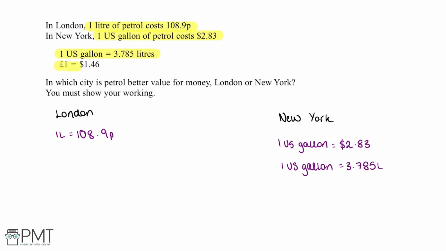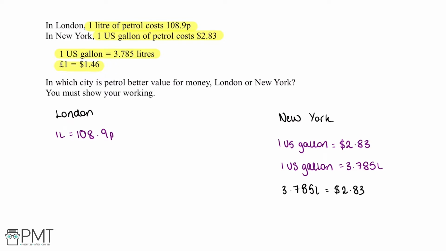And then £1 equals $1.46. So if we take a look at this New York column, if 1 US gallon costs $2.83 and 1 US gallon is equal to 3.785 litres, then this means that 3.785 litres will cost $2.83.